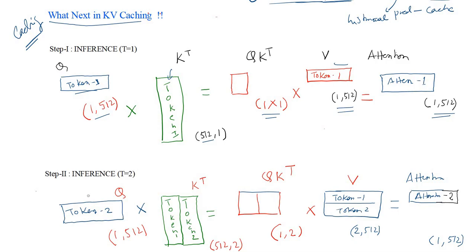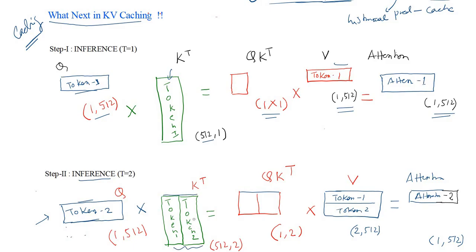Second interesting point: earlier, if the inference is 2, every time we were passing 2 tokens also. But here it's not required, because we are only considering the present token. For token 2, we already have key 2.